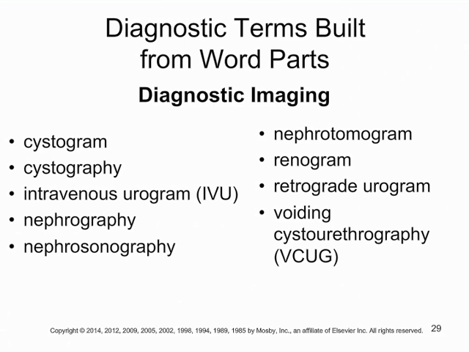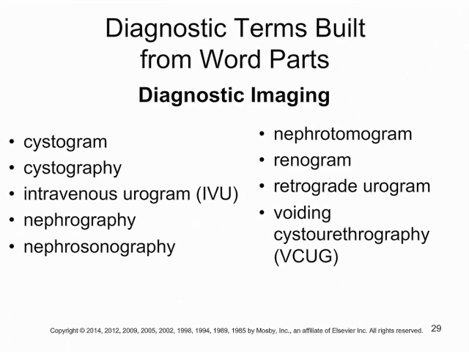You can also have a urogram, and there's different types. There's an intravenous urogram or an IVU, and this is where a contrast medium has been injected intravenously, and that contrast media can then be X-rayed to give you an idea of what's going on in the urinary system.